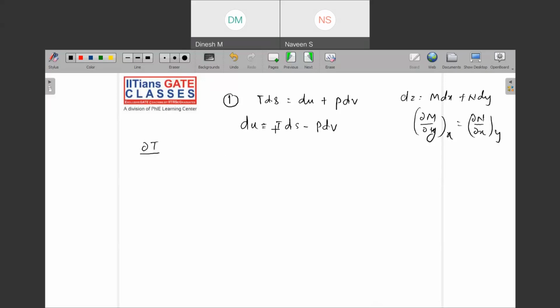So here you can follow that del T by del V at S constant is equal to minus del p upon del S at V constant. So this is your first Maxwell equation.